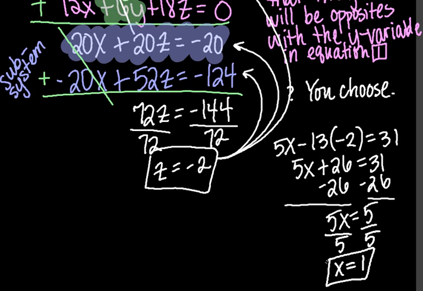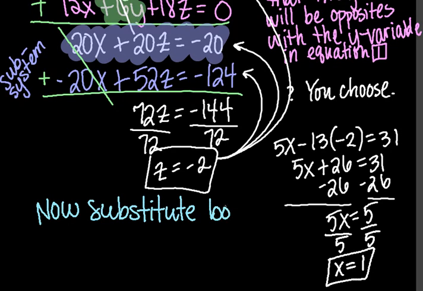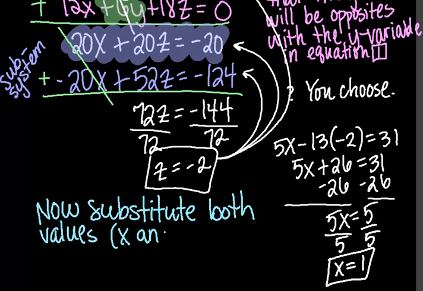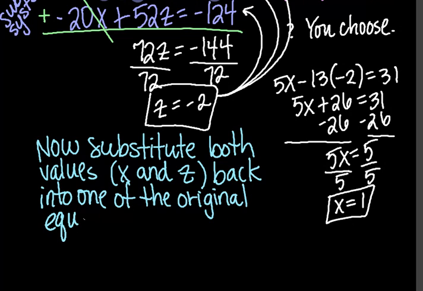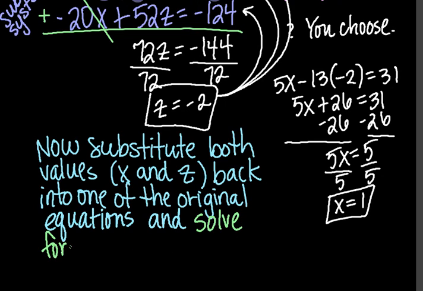1. Now what do I do with x and z? I'm going to substitute those back into one of the original equations and solve for that same variable that we eliminated the first time.